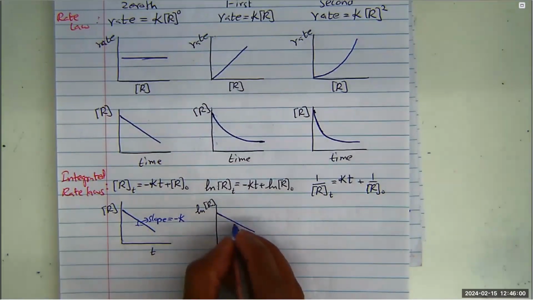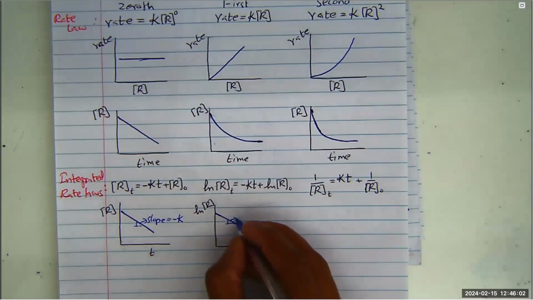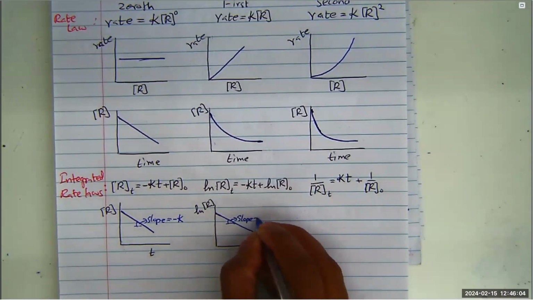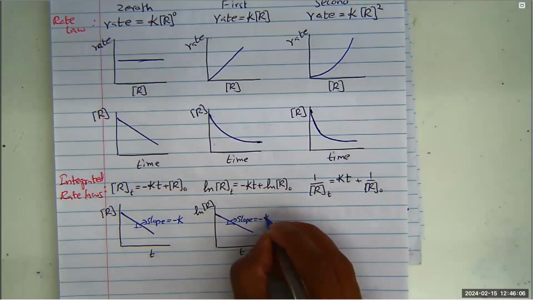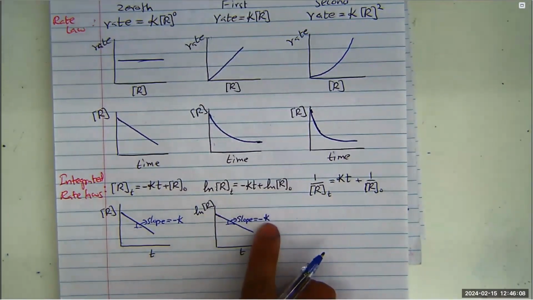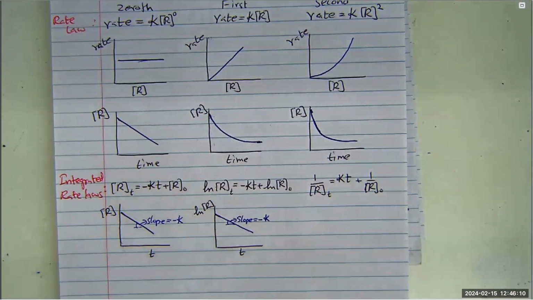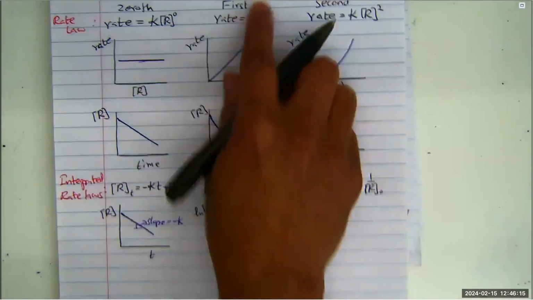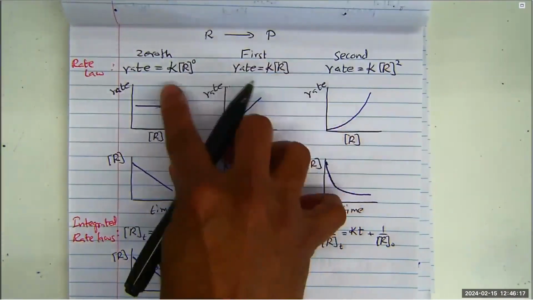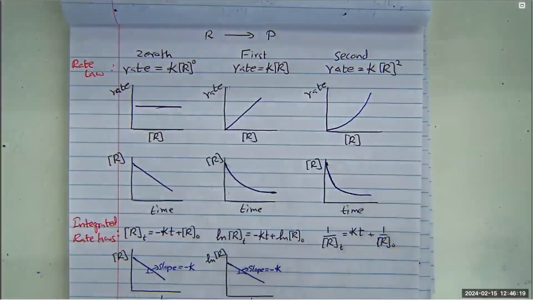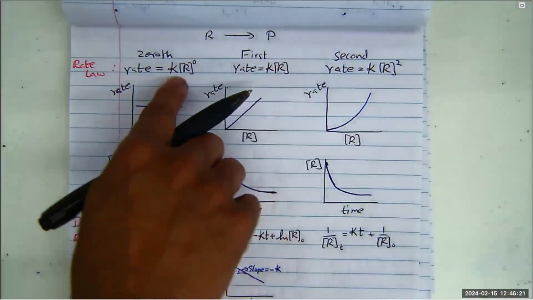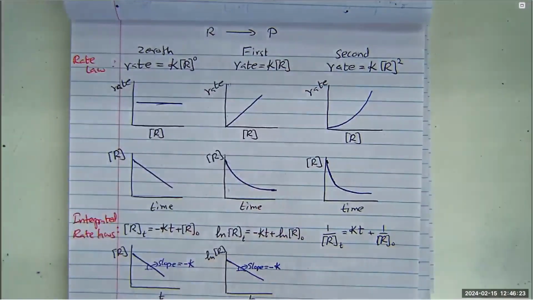And the slope is again equal to negative k. This is the lowercase k for the rate constant. By the way, all of these are lowercase, because we are talking about the rate constant. Anything related to rate is rate constant, and that k is denoted as a lowercase k.